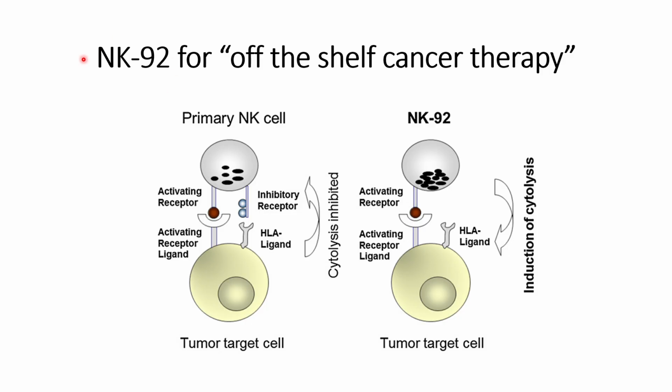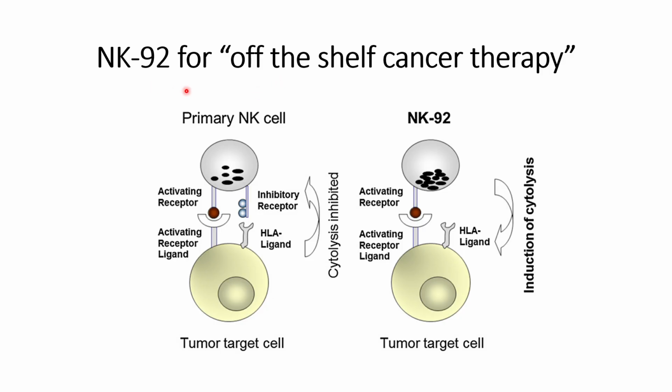These NK-92 cell lines are commercially available, and they can be modified way before against the most commonly expressed tumor antigens. So if those antigens are present in the patients, then this NK-92 CAR or modified NK-92 cells can directly be used in the patients against the tumors.